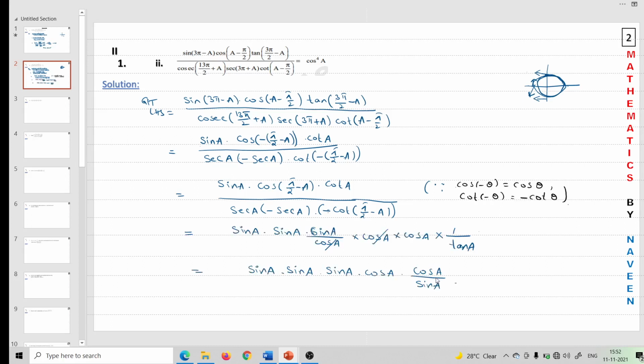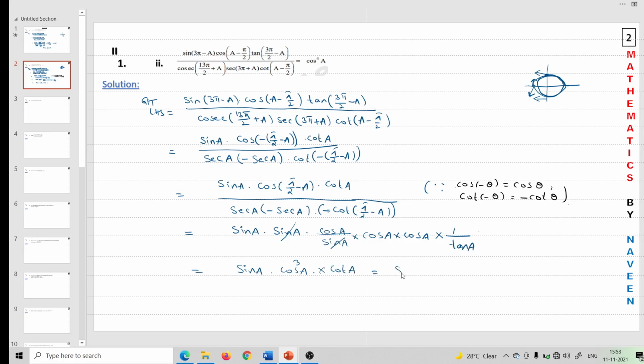Clear? Sin A. See here, sin square A and one sine gets cancelled. Sin A into cos A into this one again 3 times, that is cos cube A into this tan A, which can be written as 1 by tan A, which is cot A, right?